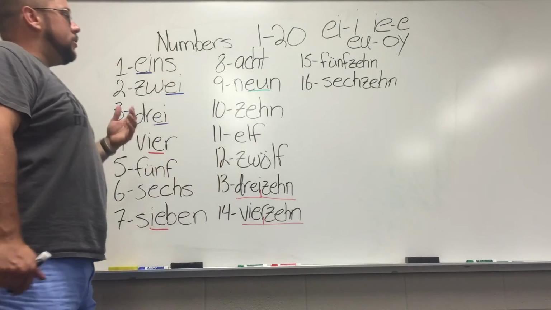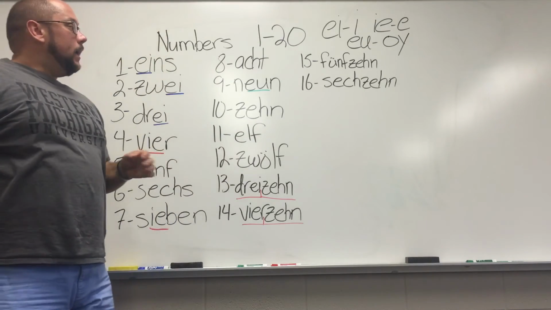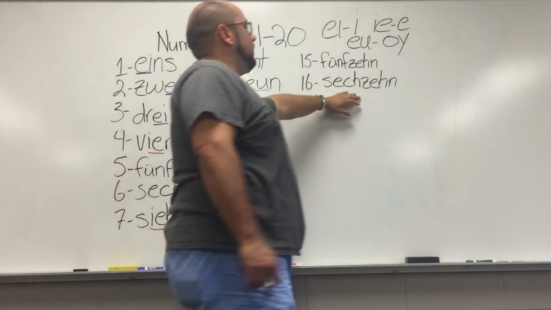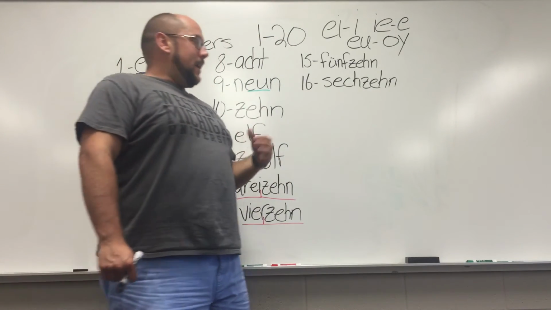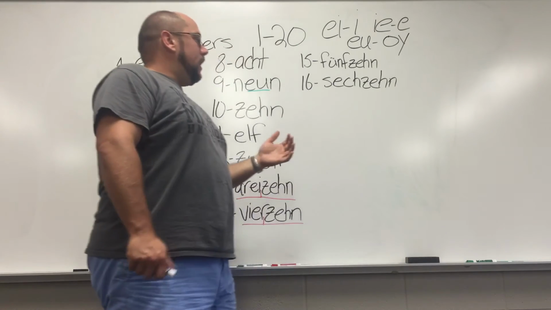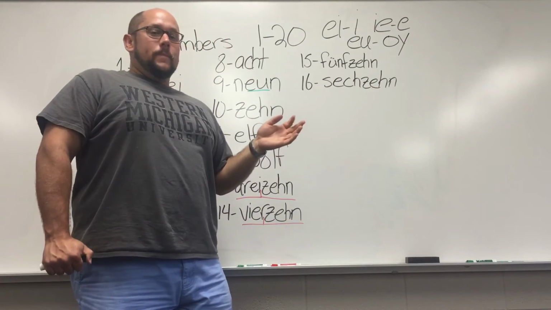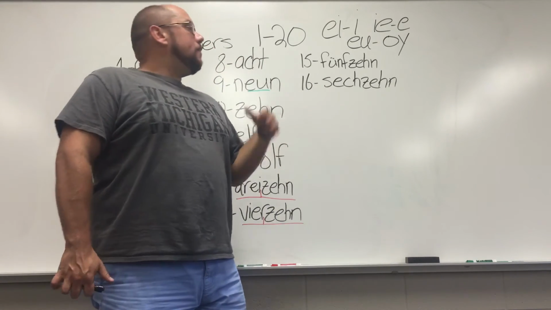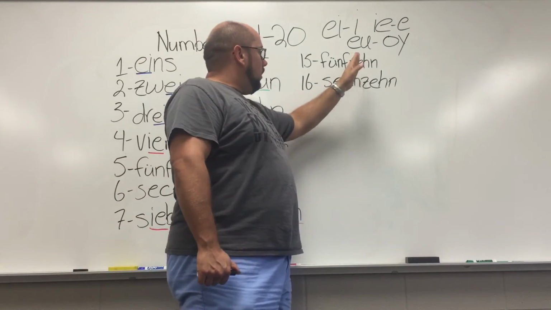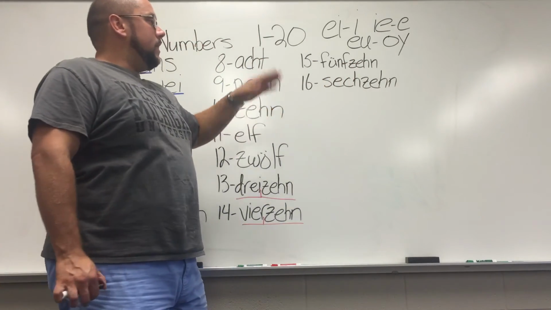But in German, for 16, we take off the S. The reason is that sechszehn, with the S, is harder to understand and not as easy to say. So they take the S off, and we just have sechzehn. 16 is sechzehn.